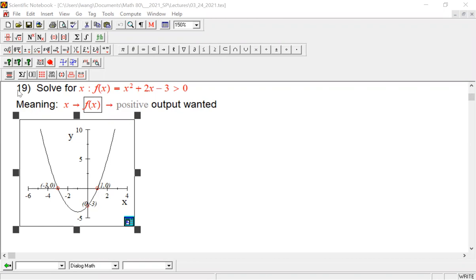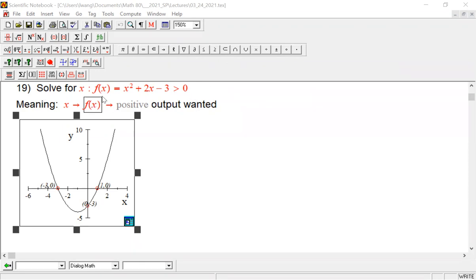And this question number 19 is asking for all the input. X stands for input. All the input such that the output is positive. You see, we want the output to be positive. Okay, we want positive output.